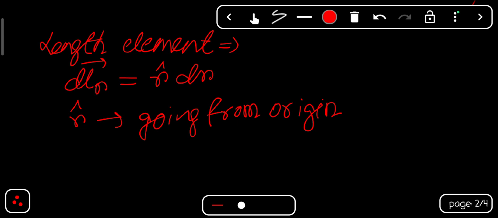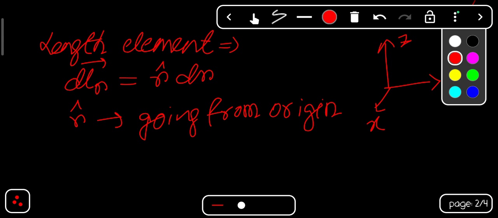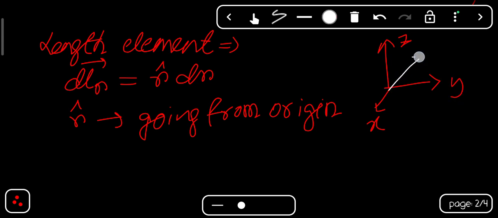If this is the x axis, this is y, this is z, and this is the r vector, then this direction will be r cap, and this is the length element dr.